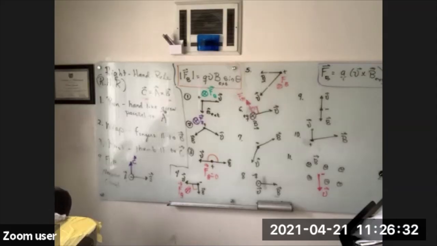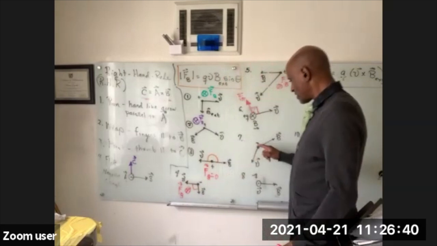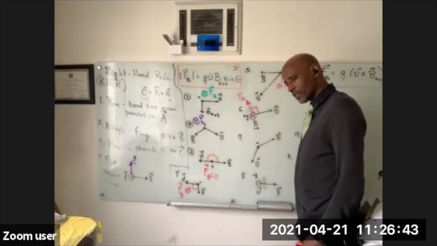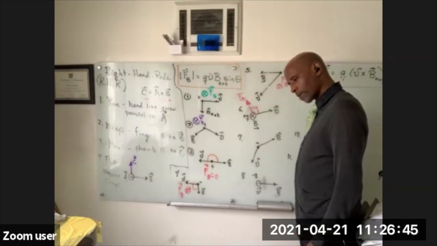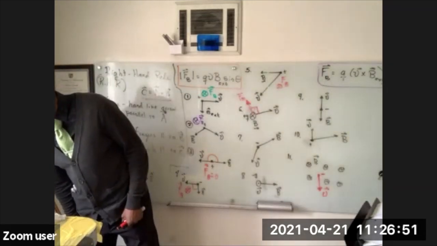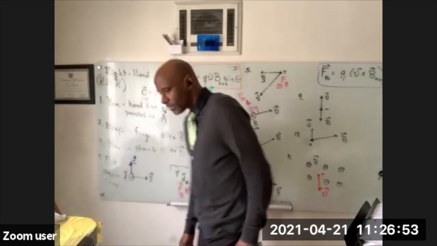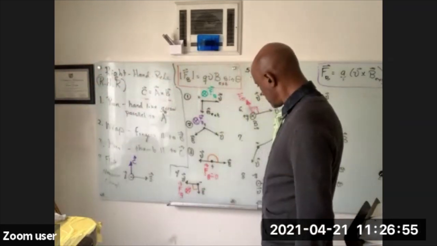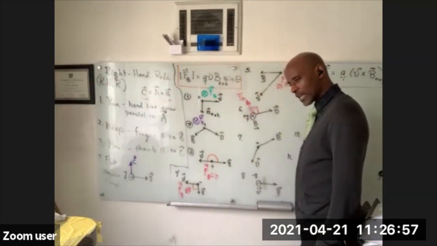Number 7, thumb faces towards me. Okay, so V cross B. Yeah, it does, but remember it's a negative charge, so then you have to flip it. So it's going to be into the board, not out of the board for that.